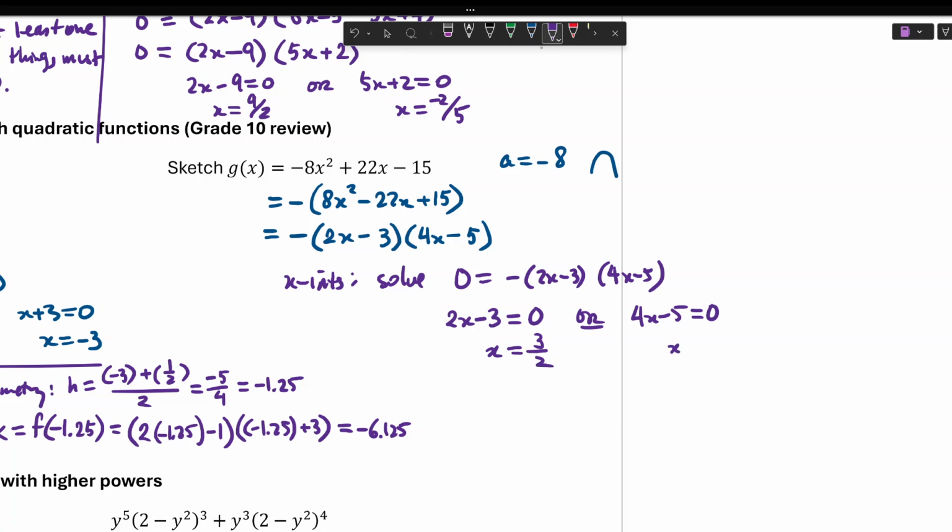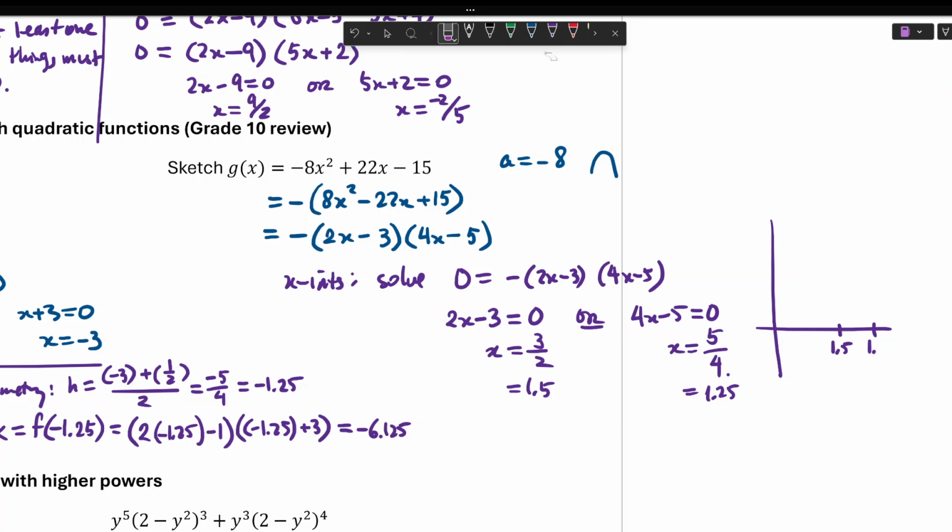We're going to get two different x-intercepts here, 3/2 and 5/4. And then the rest of the process is the same. So, okay, this one is 1.5. This one is 1.25.